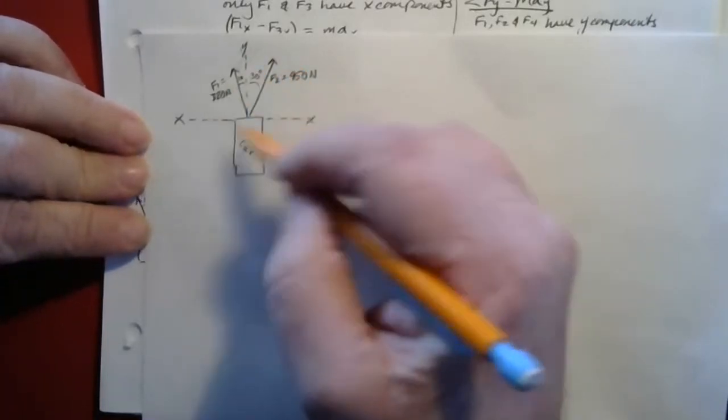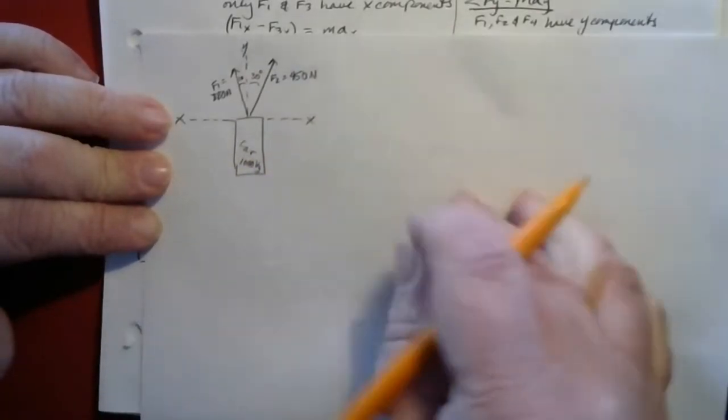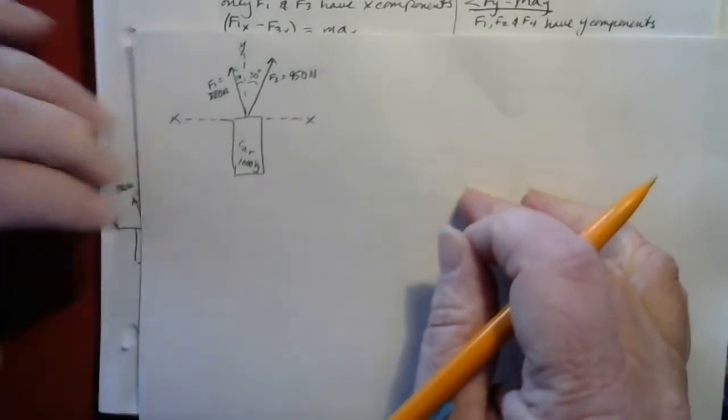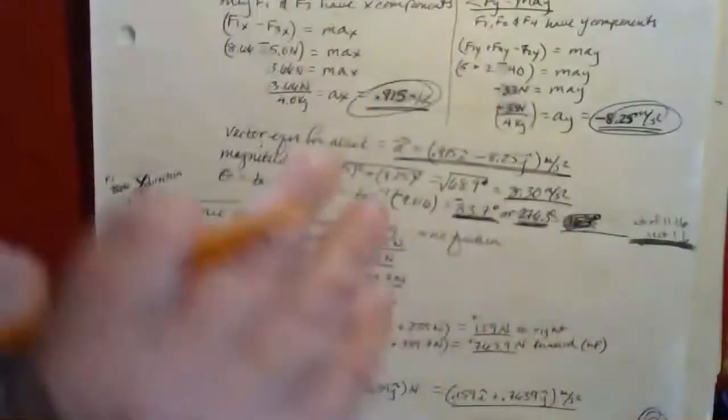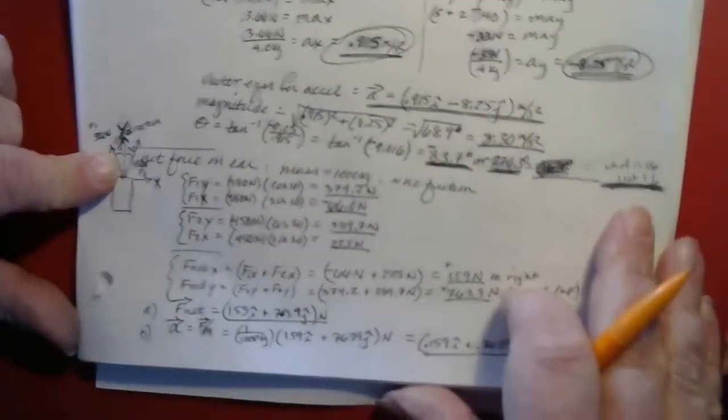Okay, so that's what's going on here. And the car has a mass of 1,000 kilograms. So that's a pretty small car. And we're wondering basically, what is the net force on the car?